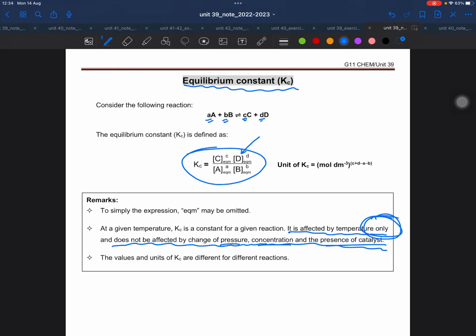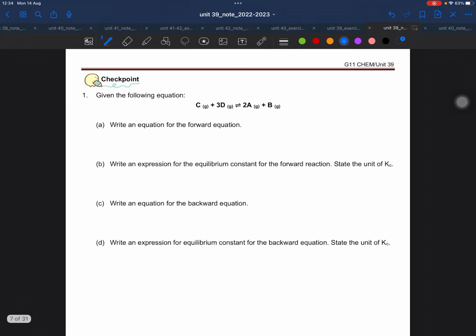So you should be careful. And some of you may notice that with different equations and different coefficients, the unit of Kc can change too, right? So in the following checkpoint, we will go through it.